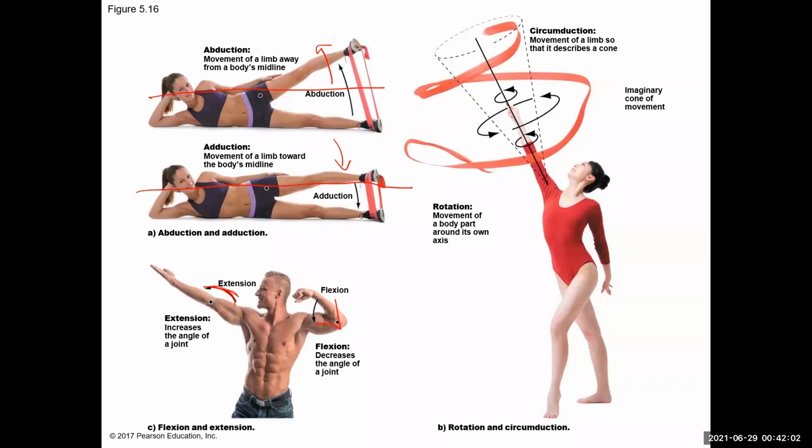Okay, so that's rotation. Circumduction is like in gym class when you did arm circles. You're moving your arm in that big cone movement. And so that's the difference between circumduction and rotation.